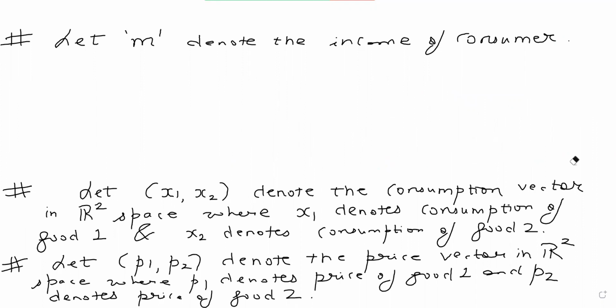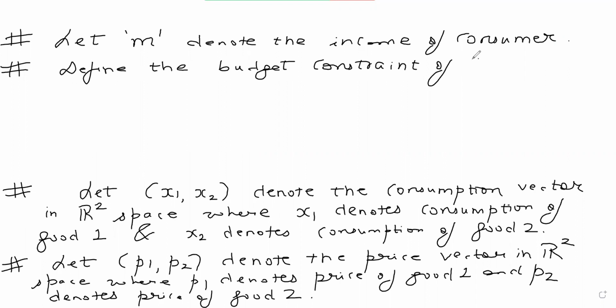So erasing this part off, I can write, define the budget constraint of the consumer as total expenditure. So total expenditure on good 1, which is P1 into X1, plus total expenditure on good 2, which is P2 into X2.